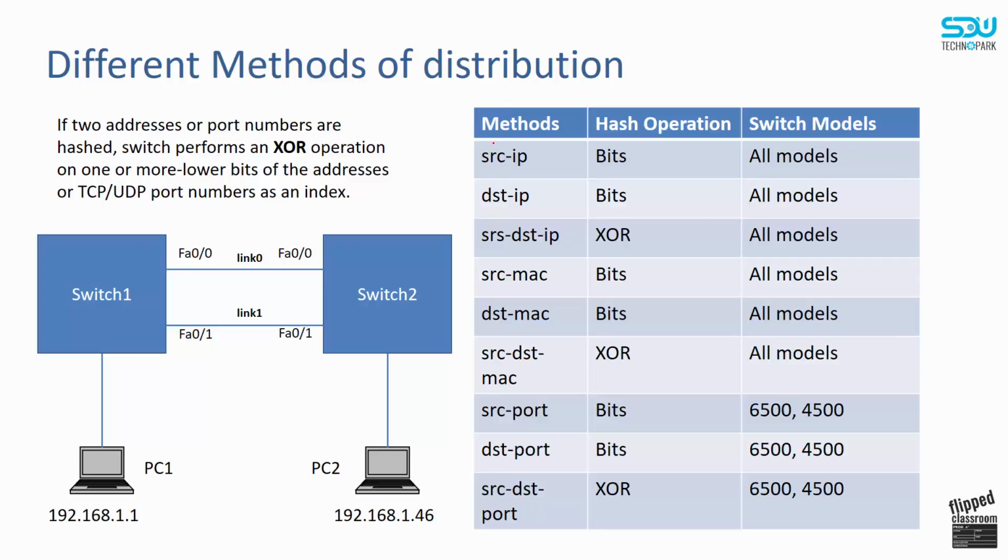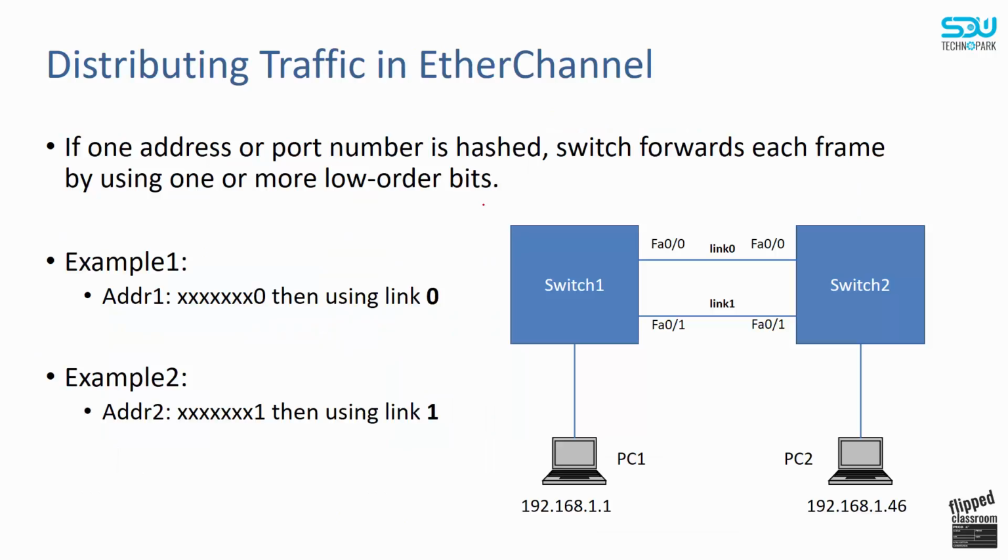For example, we can distribute the traffic by using source IP address. What does it mean? It means that if computer 1 wants to communicate with computer 2, let's see how the traffic will travel from switch 1 to switch 2. Your frame goes to switch 1, and then switch 1 thinks, alright, through which link, through which port I have to send this frame, and it looks at the source IP address.